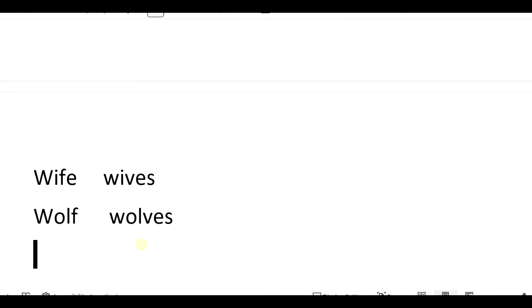But it's not true with all words that end in F. We have the word roof, and for that word you would just add an S. We said some words that end in Y, you change the Y and make it to IES, like baby would go to babies, but that isn't true with all words.